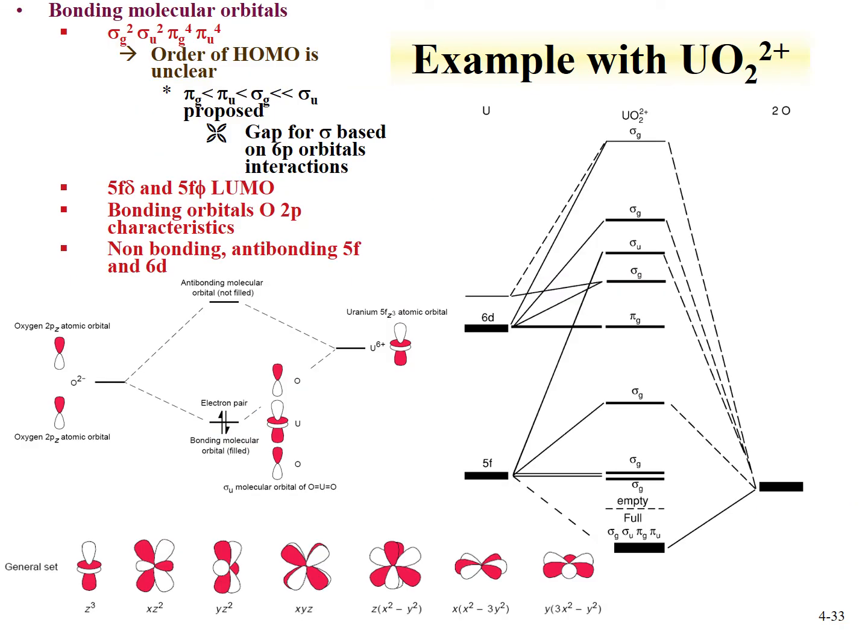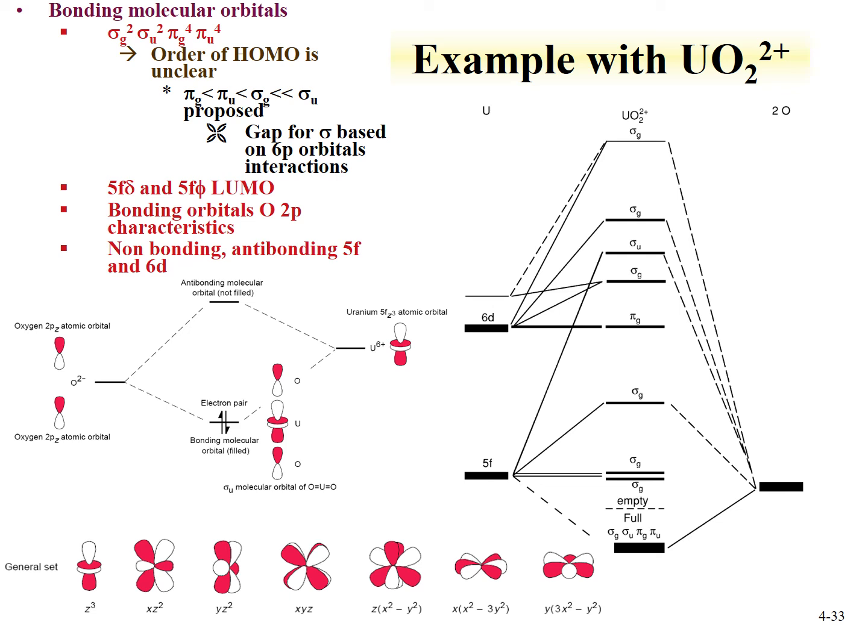Now, an example for this with the actinides is shown here for the uranyl complex, UO2 2+. One of the interesting properties of the molecules for the actinides is the linear behavior of the oxygen-actinide-oxygen system. And this behavior stems from the interaction of the F electrons in the formation of the molecular orbital.